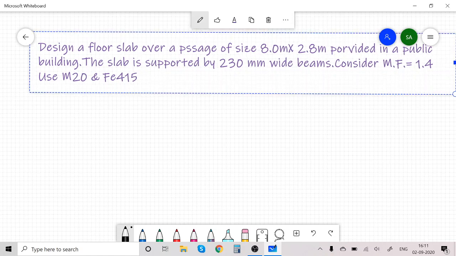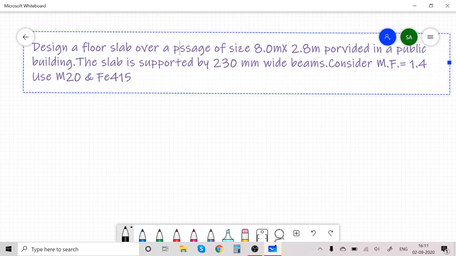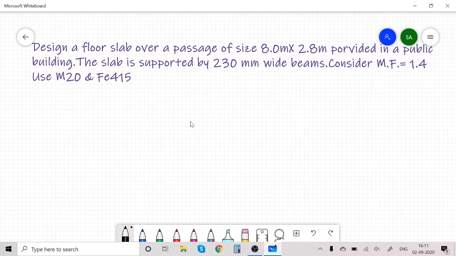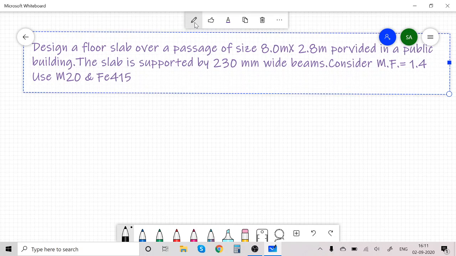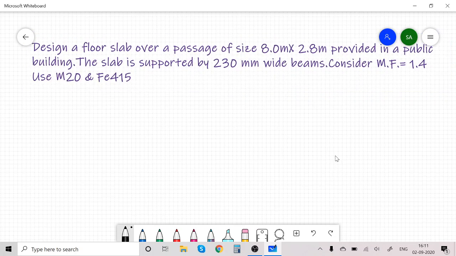Design a floor slab over a passage of size 8 meter by 2.8 meter, provided in a public building. The slab is supported by 230 mm wide beams. Consider modification factor 1.4. Use M20 and Fe415.